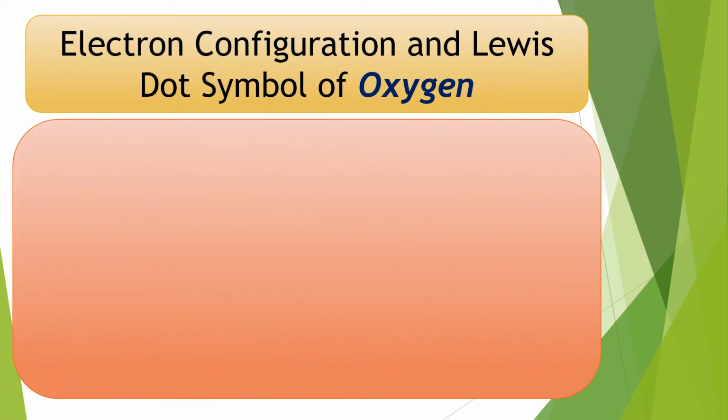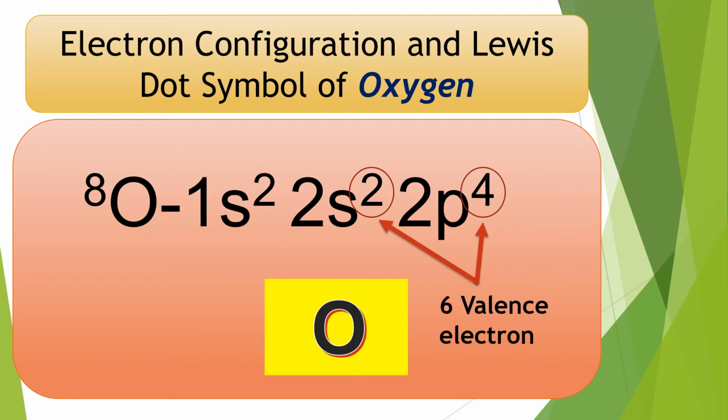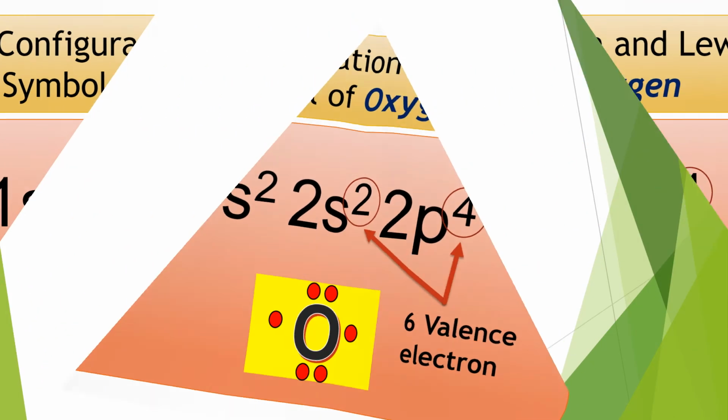Next example, Lewis dot symbol of oxygen. Oxygen has atomic number 8 and has 8 electrons. It belongs to family 6, so therefore it has 6 valence electrons. This is the example of Lewis dot symbol for oxygen with 6 valence electrons.